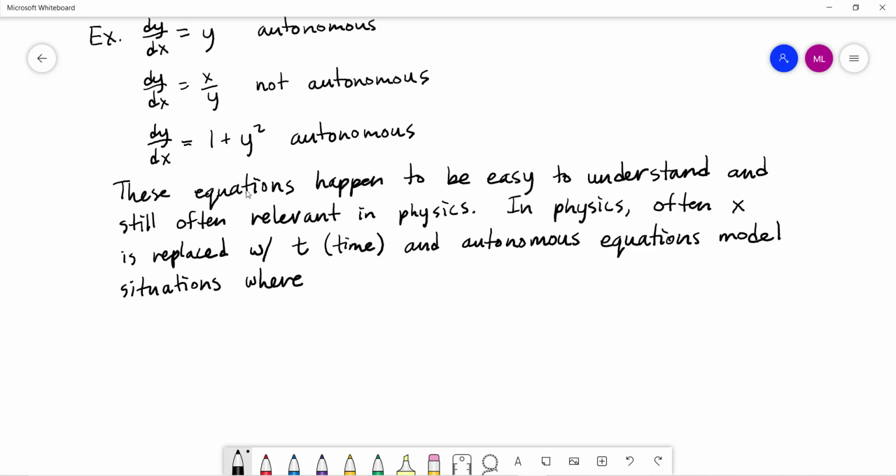And I'm not saying that the solution doesn't change in time. I'm saying the laws that govern the solution don't change in time. So where the laws dictating the rate of change themselves don't change in time.